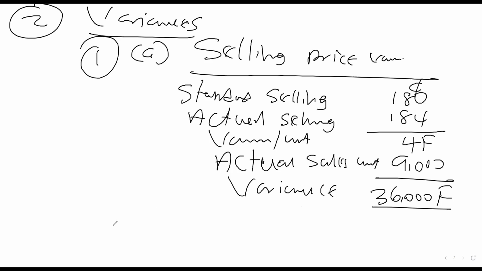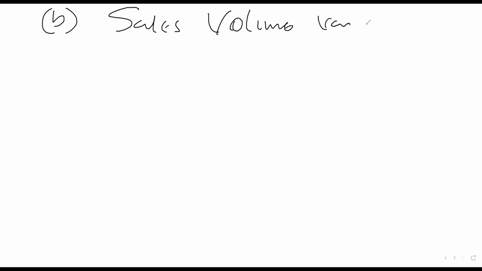Then you come here and do the B. The next variance you have to calculate is what we call sales volume variance.